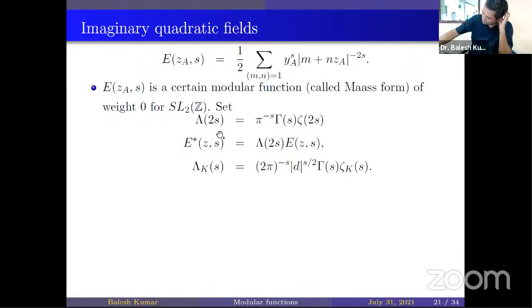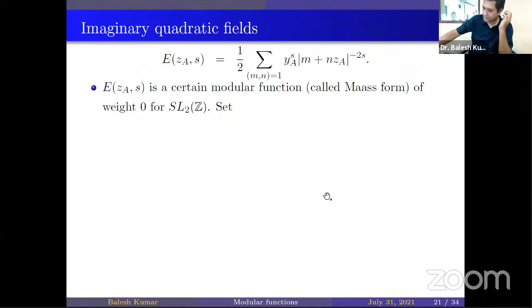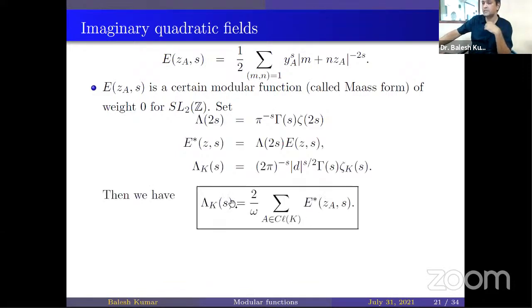So if one completes it, then we have a very nice identity, namely this completed Dedekind zeta function can be described in terms of a certain average value of this modular object E star evaluated at certain CM points.